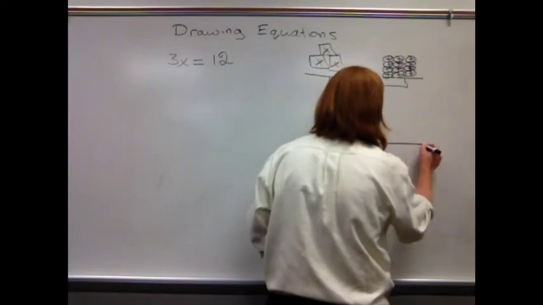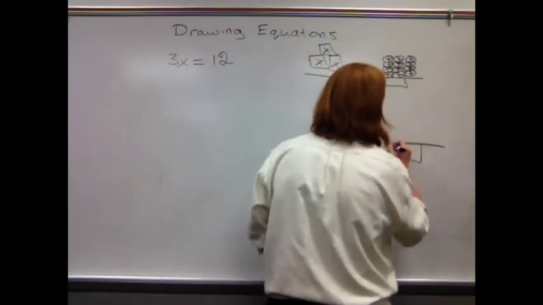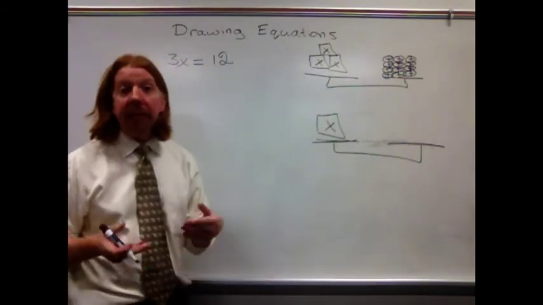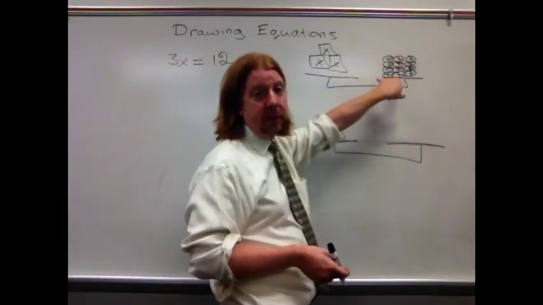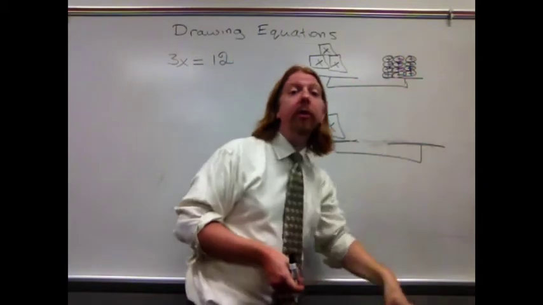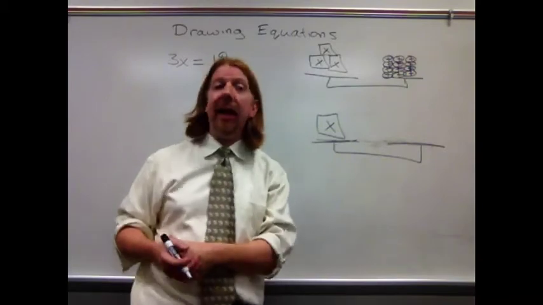On this side of the scale, which balances, I have to do the same thing. In other words, I have to take this collection of numbers, these circles, and I want to reduce it by a factor of 3. I want 1/3 of what's left.